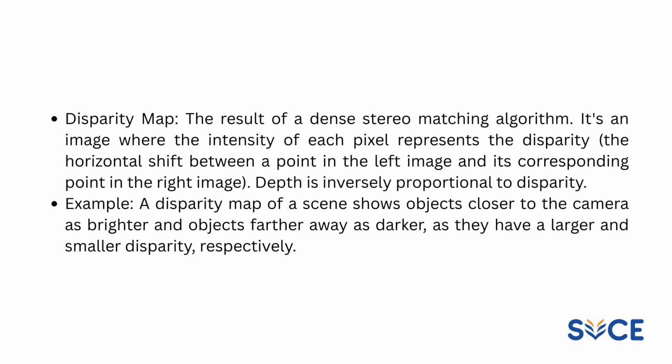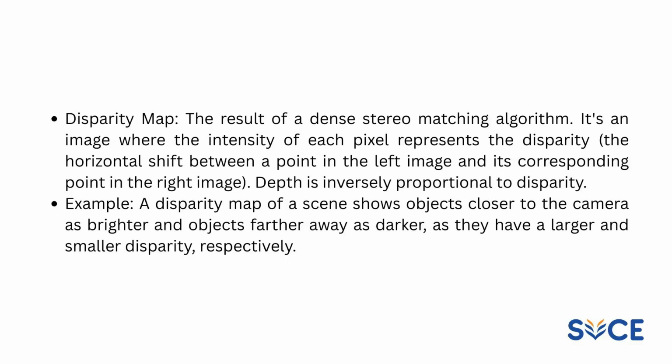This shift is called disparity. Since closer objects appear to shift more between the two images, depth is inversely related to disparity. A big disparity means the object is closer. A small disparity means the object is farther.